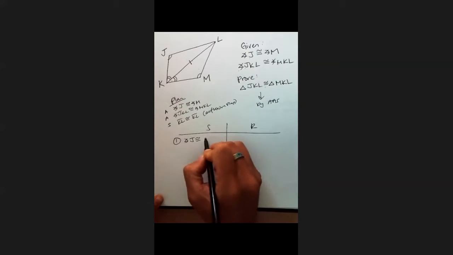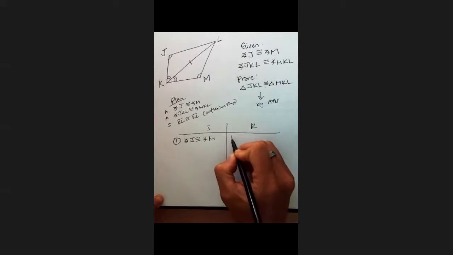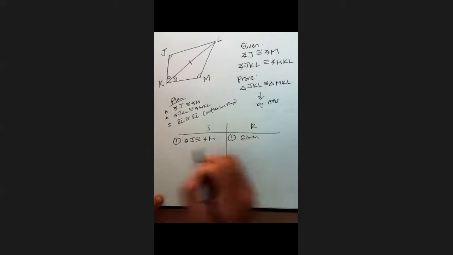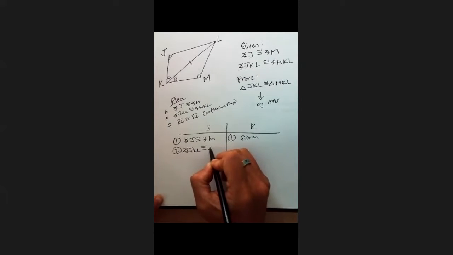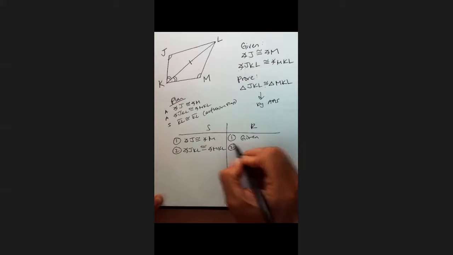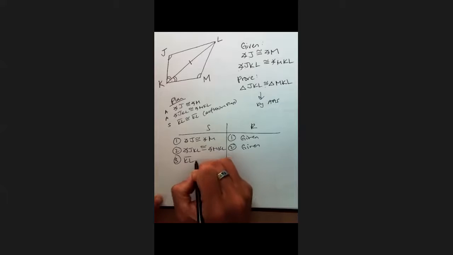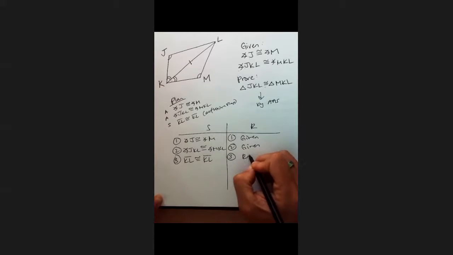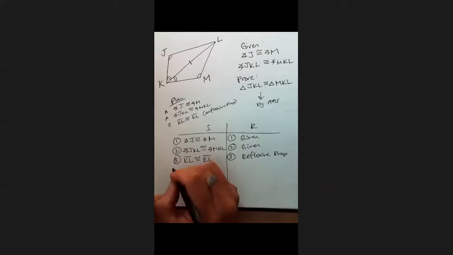So for our first step, our first part of our plan, our given information. Second part of our statements will also be our given information. And then for number 3, we went ahead and had to look back at our picture, but we saw that that was equal to itself, so we realized it was the reflexive property.